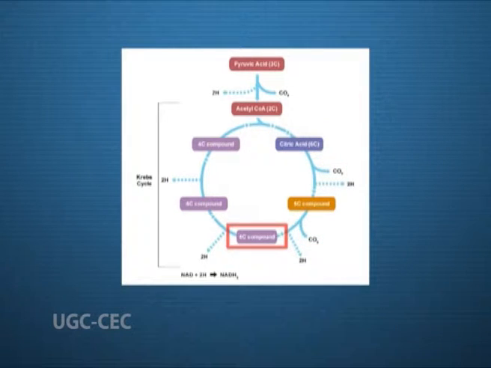A 4-carbon compound remains. This 4-carbon compound is further processed to regenerate oxaloacetate, which can initiate another round of the cycle. Two carbon atoms enter the cycle as an acetyl unit and two carbon atoms leave the cycle in the form of two molecules of carbon dioxide.